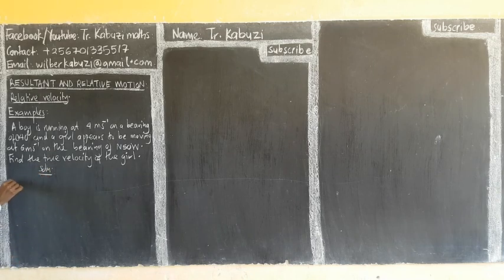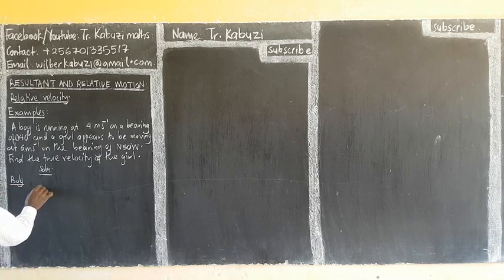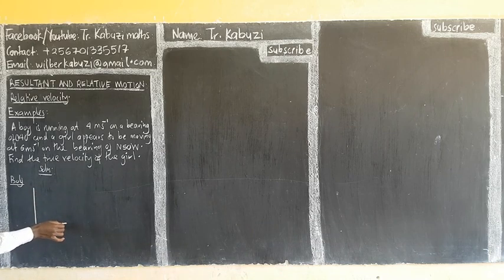they are telling us that the velocity of the boy, let us first consider the boy. So the boy, this is going to be his, so if that is our compass.